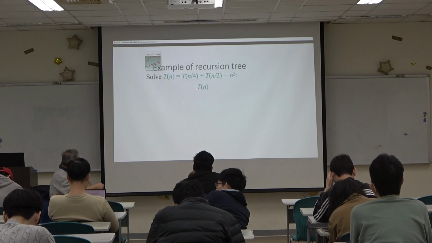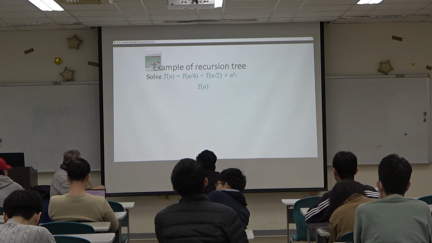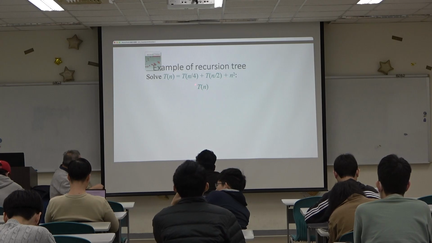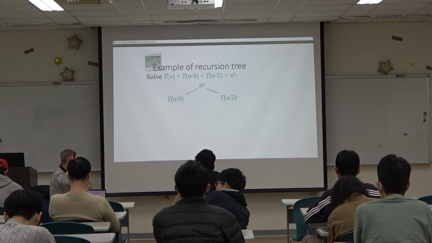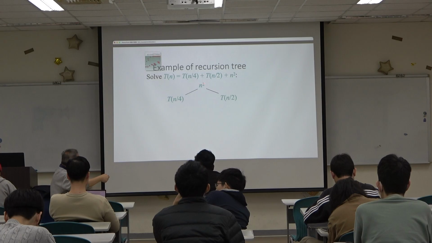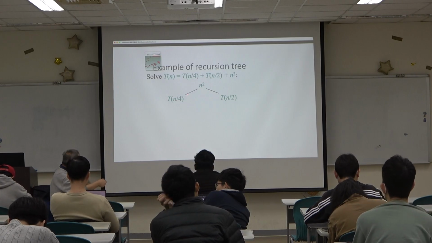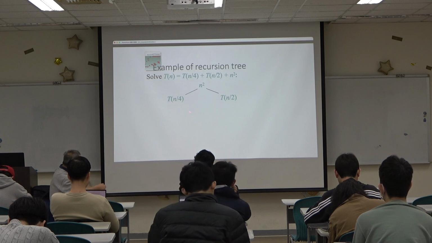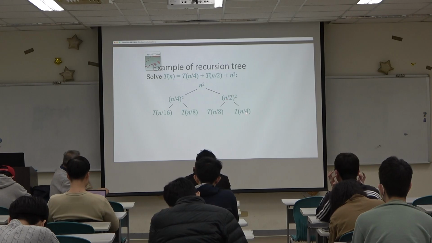Basically, this is T(n), and then you apply this recurrence relation, so the root becomes n squared, and you have 2 branches, so it becomes like this, right? That is how the recursion tree looks, and then you apply the same idea on both children. Okay, so the left side becomes (n/4) squared, and then you have 2 more children. And the right-hand side becomes like this, 2 more children.